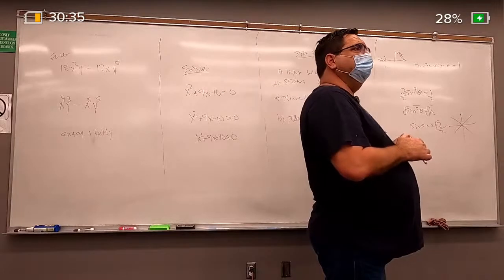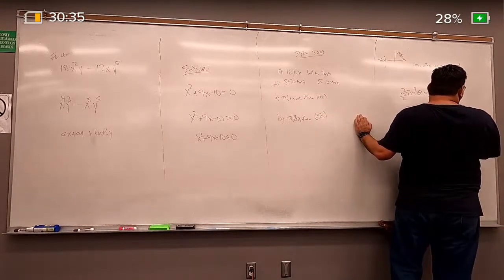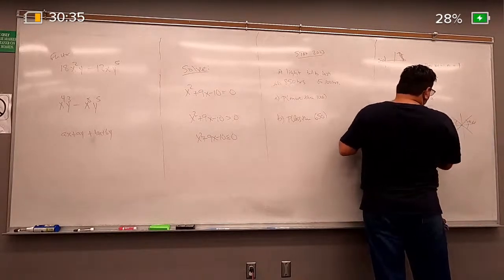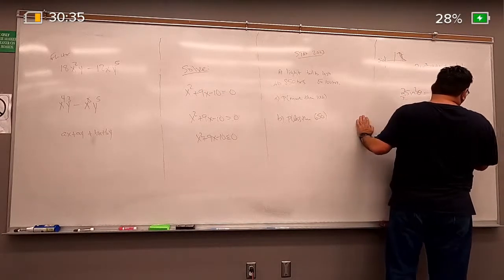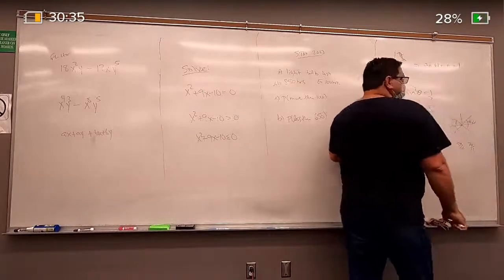Tyler, we good? So pi over 4 all around, right? So it's back to the same answer we just had. Pi over 4, 3 pi over 4, 5 pi over 4, 7 pi over 4.